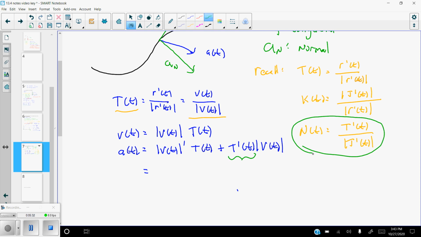So this blue T prime of t down here is going to be the same thing as N of t times the magnitude of T prime of t. So we're going to get N of t times the magnitude of T prime of t. Okay, and then we still have this magnitude of v of t, and we've got all the rest of this stuff.